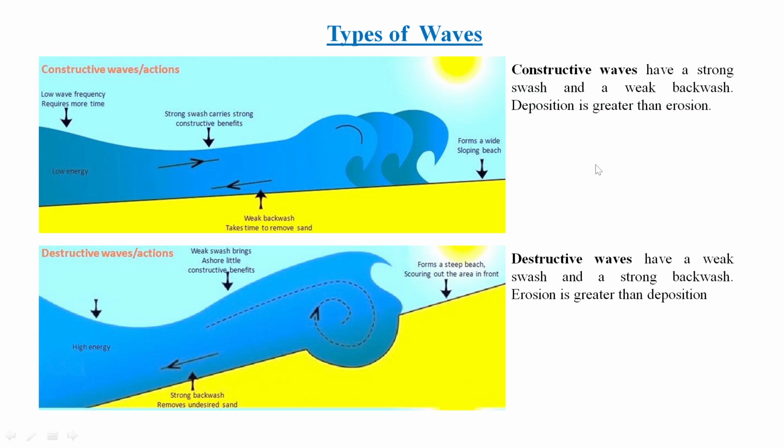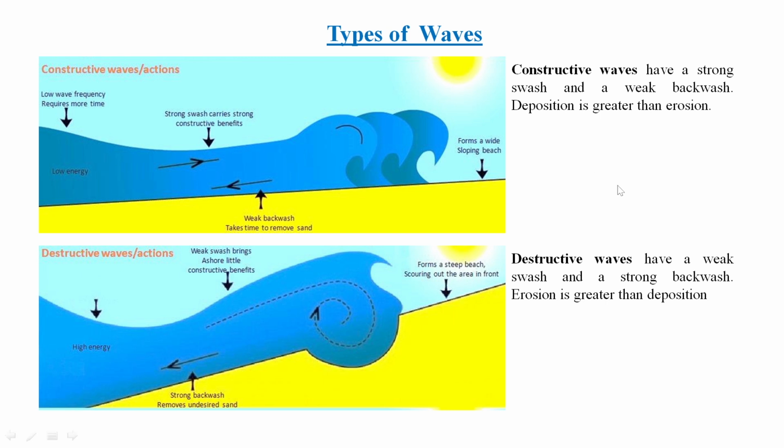But if I look at the western margin of the Indian peninsula, then I can say that the waves are more constructive in nature, where you can see a growth in the beach over a large span of time. So your constructive waves have a strong swash and weak backwash, so deposition is much greater than erosion. That's why sometimes your beach will grow with time.